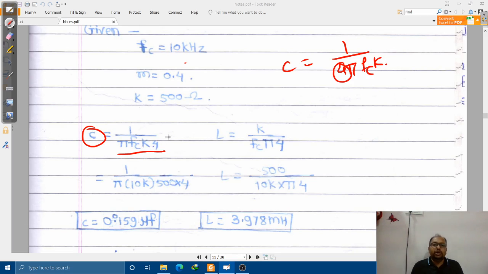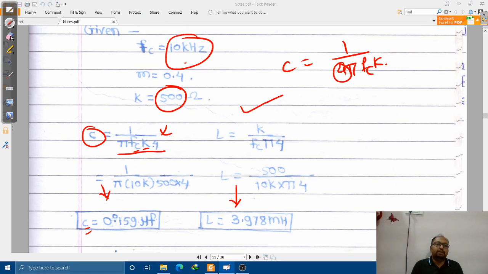So put the values of k and fc. K is 500, fc is 10k. Once we compute this, I will be getting capacitor as 0.0159 microfarad and inductor as 0.3978 millihenries, right? So these are the values of inductor and capacitor.